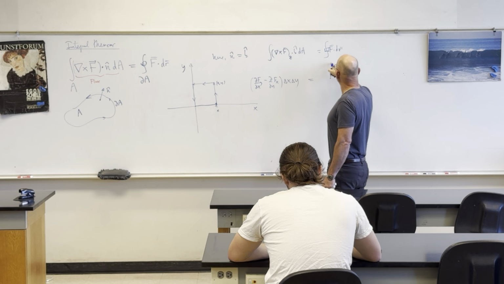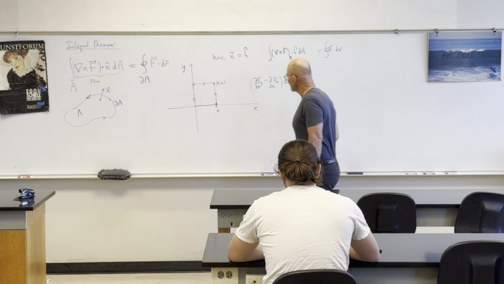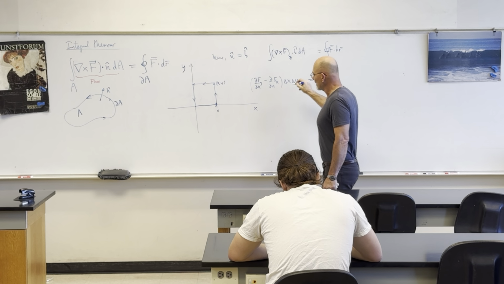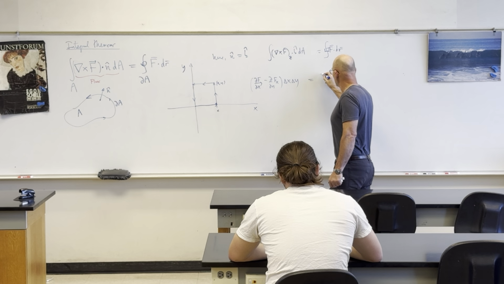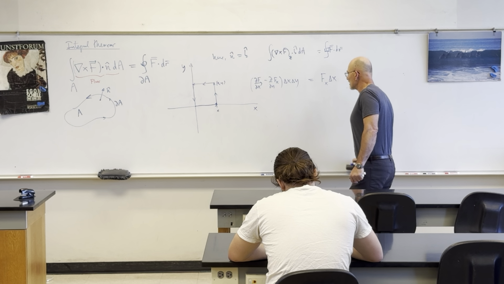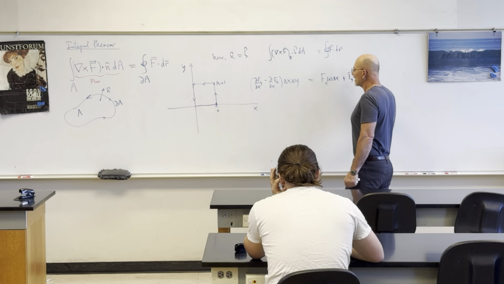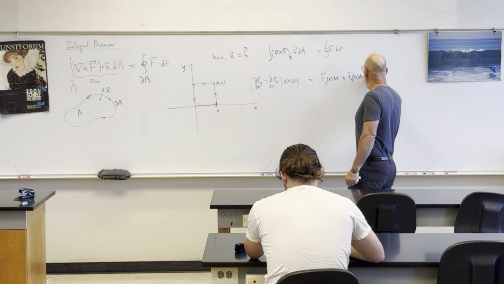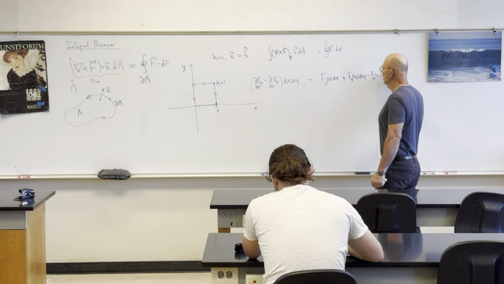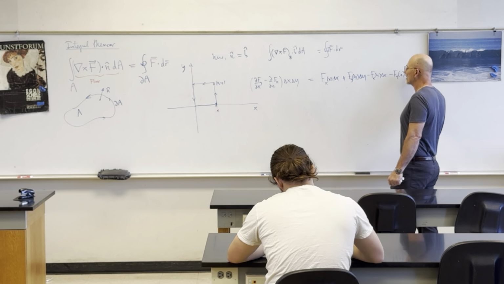We would have these 4 lines, so we could have fx delta x, fx of x delta x plus fy of y delta y minus fx of y delta x minus fy of 0 delta y.